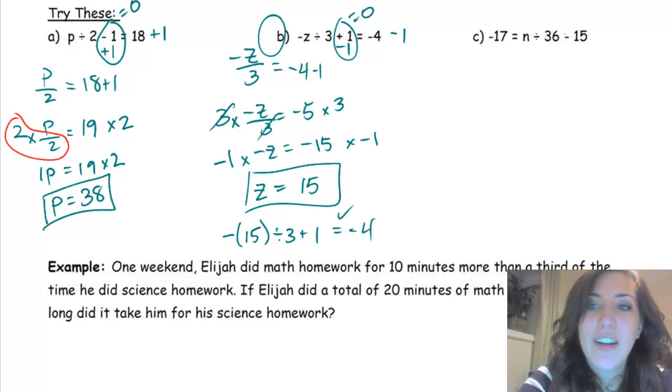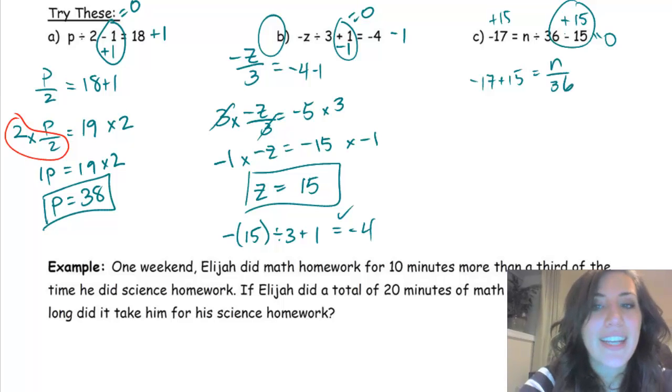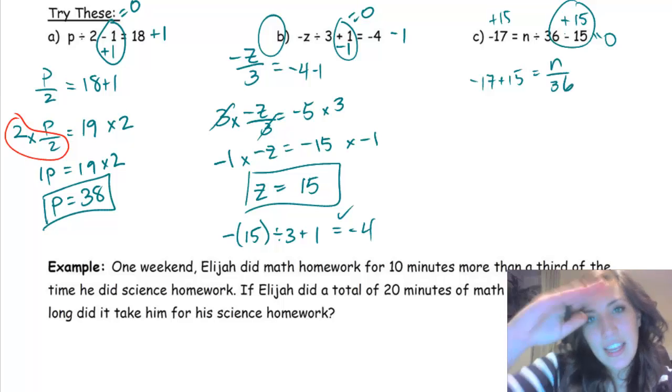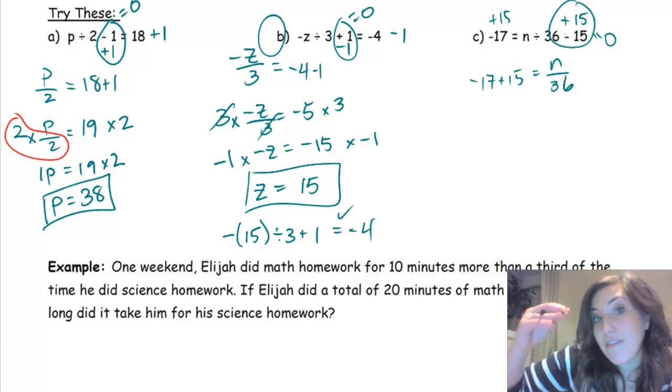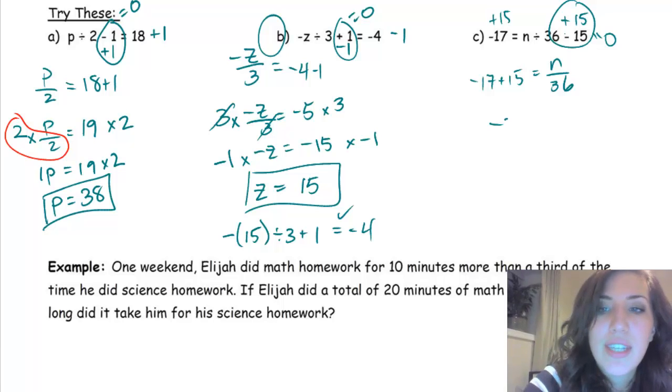And last example over here. Right now we have minus 15, so let's add 15, so this equals 0. And then add 15 to this side, so negative 17 plus 15 equals n divided by 36. Negative 17, down 17 stairs plus up 15 stairs means you're down 2 stairs, equals n over 36.